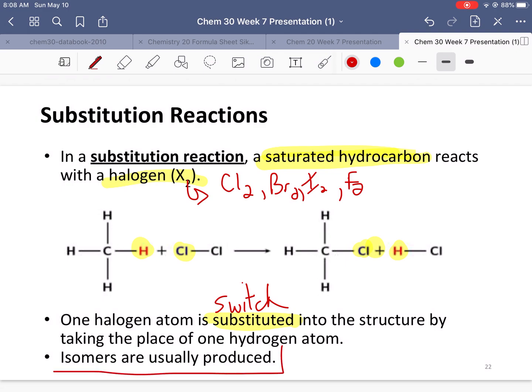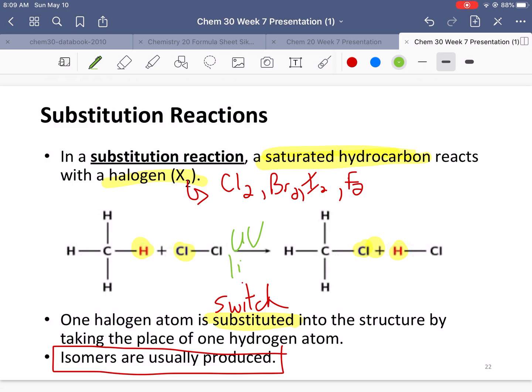Potentially, you could absolutely end up with isomers. If that happens, hey, guess what? They have to be listed, named, drawn, the whole shebang. Okay, one other thing that I'll add into this: when we're taking these long chain hydrocarbons, potentially long, and adding them to a halogen, generally speaking, the reaction doesn't happen just on its own. It needs a catalyst.